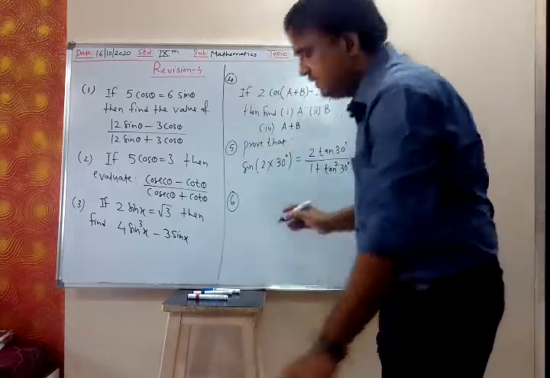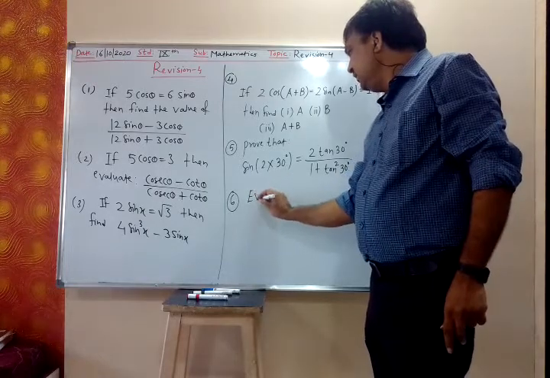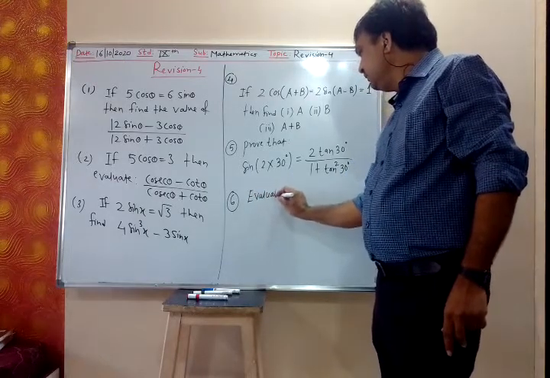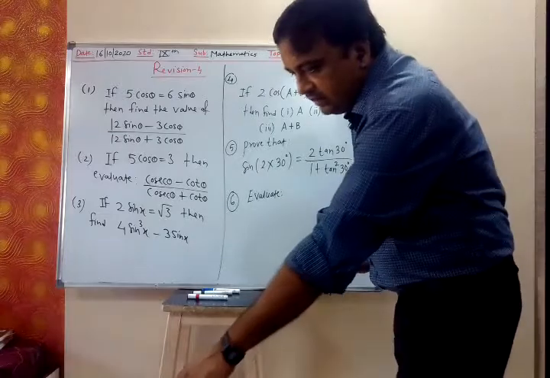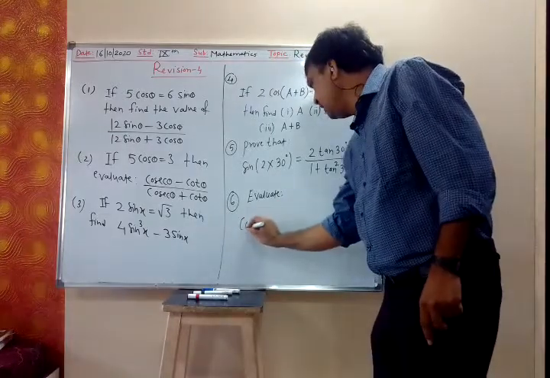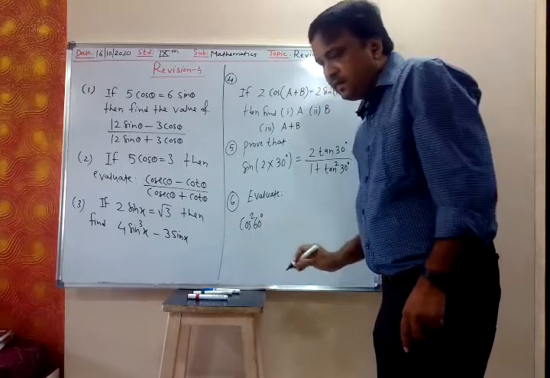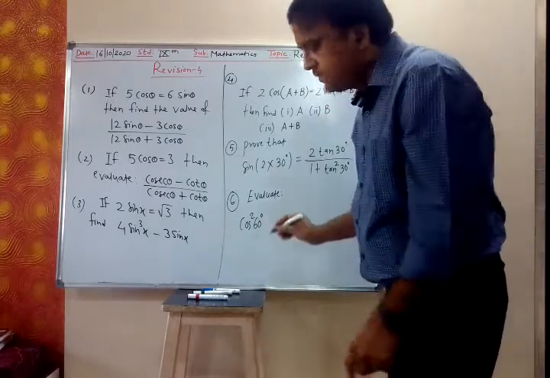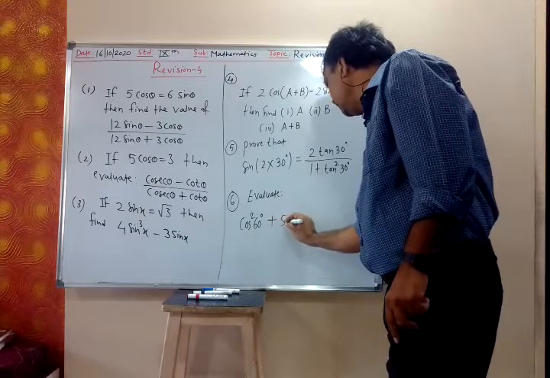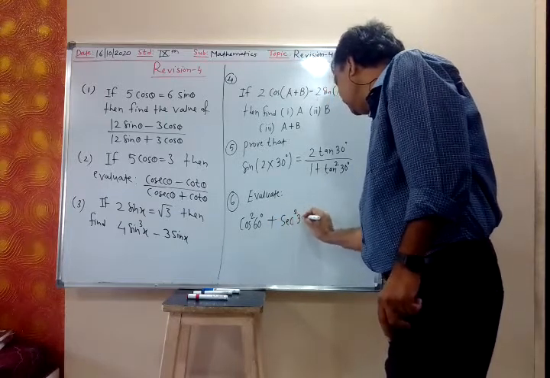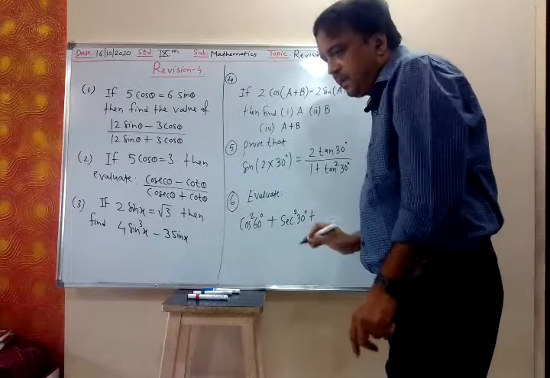Then evaluate cos square 60 degree plus sec square 30 degree. Sec is a reciprocal of cos.